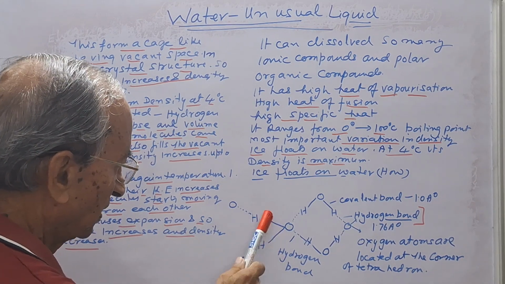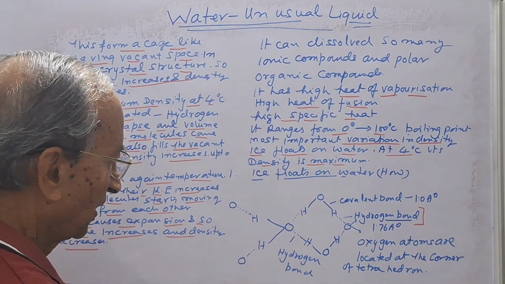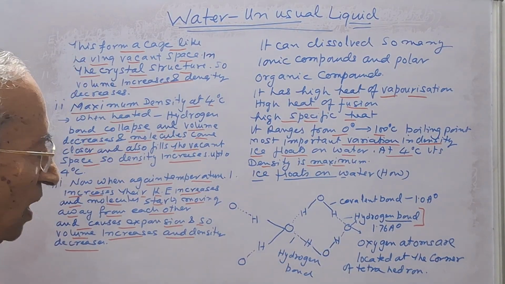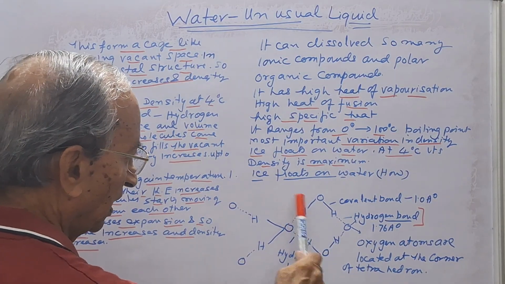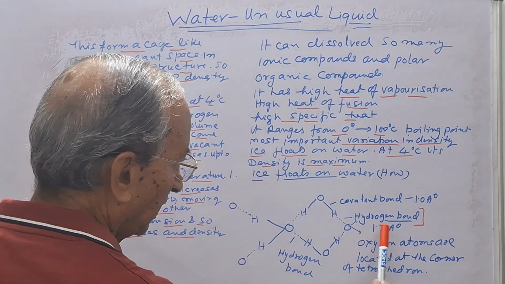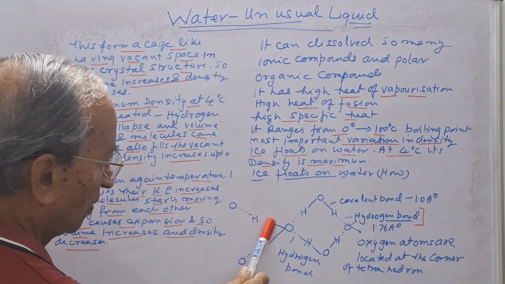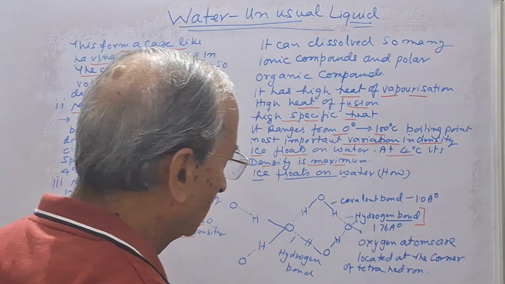2 hydrogen atoms have the covalent bond, and the 2 other hydrogen atoms have the hydrogen bond in between the 2 oxygen atoms. The hydrogen bond has a 1.76 Angstrom bond length, while the covalent bond has a 1.0 Angstrom bond length.